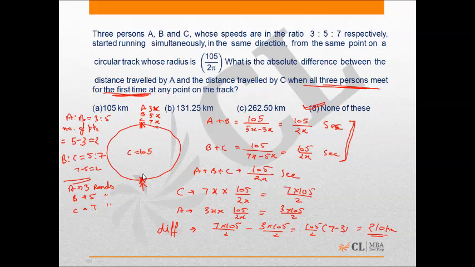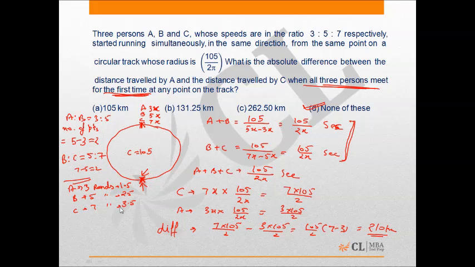But for the first meeting, the number of rounds has to be something and half of the circumference. That is, it can be 0.5, it can be 1.5, it can be 2.5, 3.5, number of rounds. So if I just divide by 2, I can see that when A covers 1.5 rounds, B will cover 2.5 rounds and C will cover 3.5 rounds.